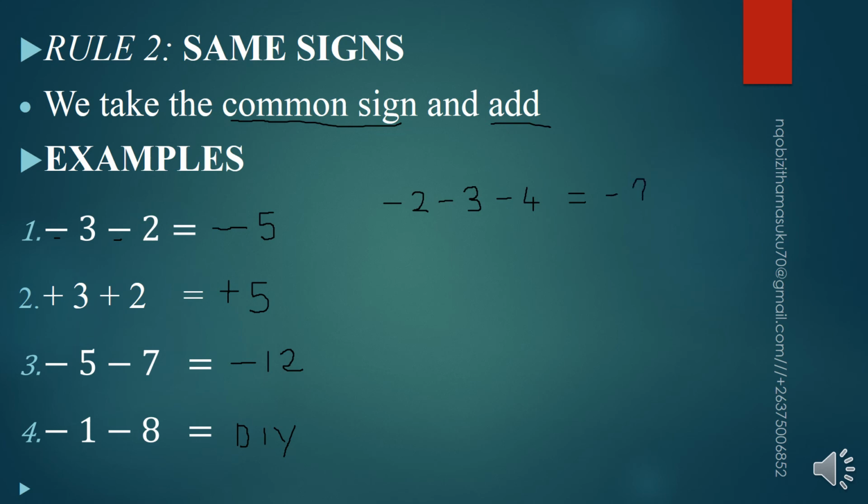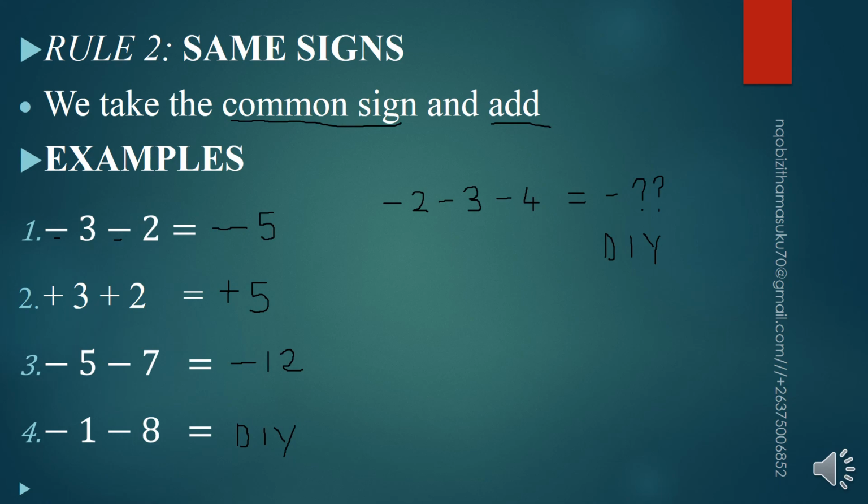We just take the common sign and add those three values. Our common sign is negative, we add 2 plus 3 plus 7 and we get our answer. Do it yourself.